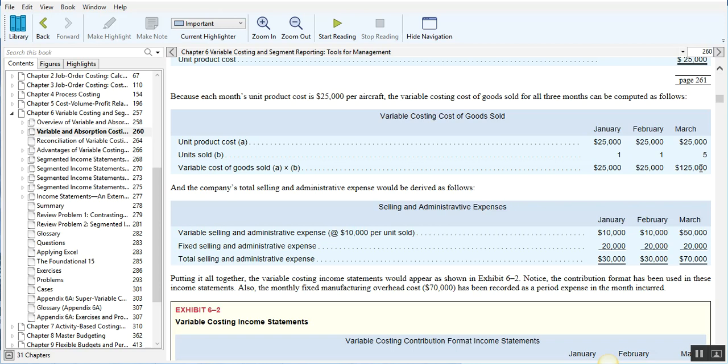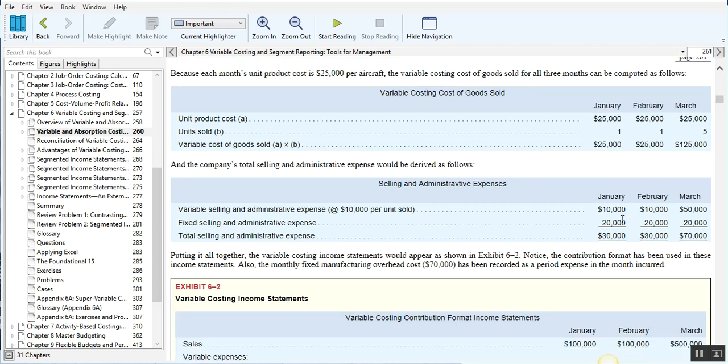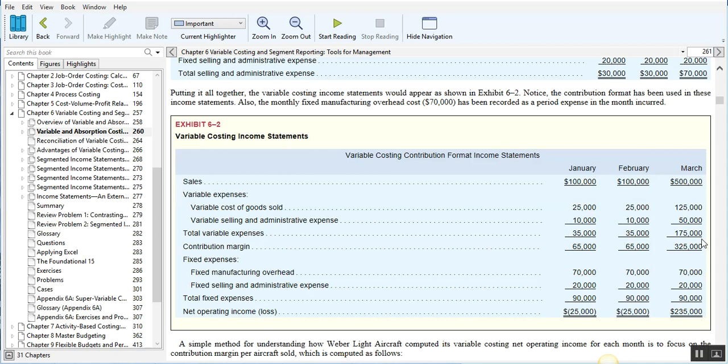Then we're going to have variable selling and admin costs at $10,000 per unit sold, and then fixed selling and admin costs. And then we'll have a total selling and admin expense. Now, just by looking at this, you're going to have a loss in January, but you're going to return to a profitable status in February, and in March, a significant increase in your net income.